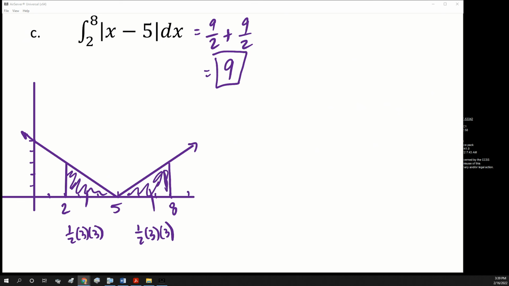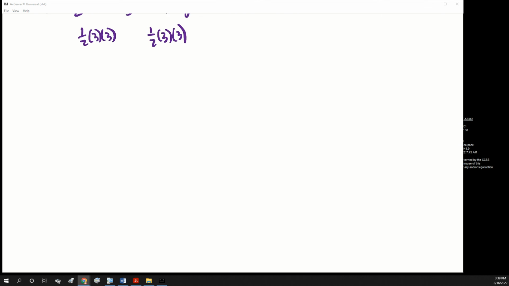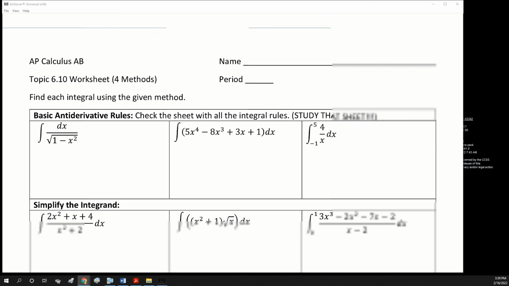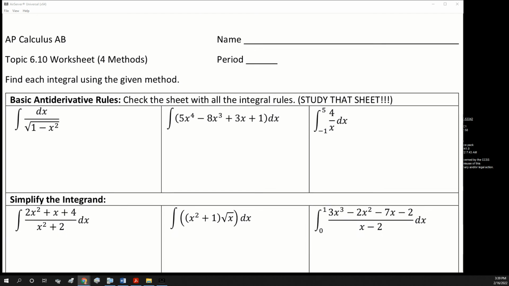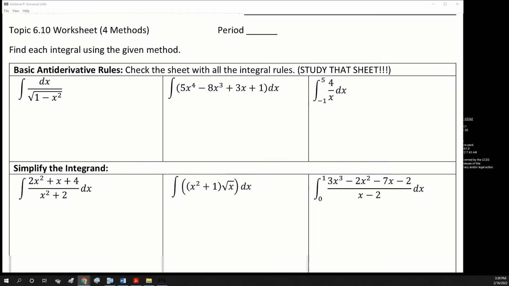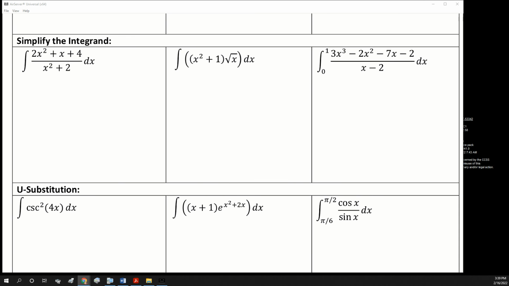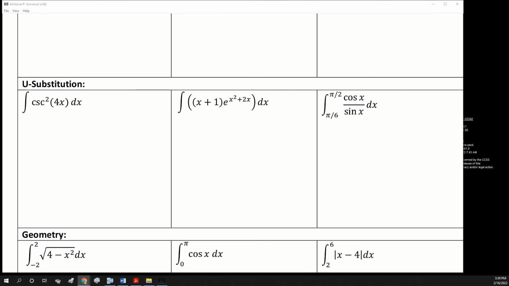All right. So your assignment for this lesson is to do this worksheet where I have told you what method I want you to use. So this first one's using the antiderivative rules. They're not all basic. Some of them you're probably going to have to look up, especially this one. And then simplifying the integrand, so doing division, doing multiplication, whatever you need to do. Use substitution.